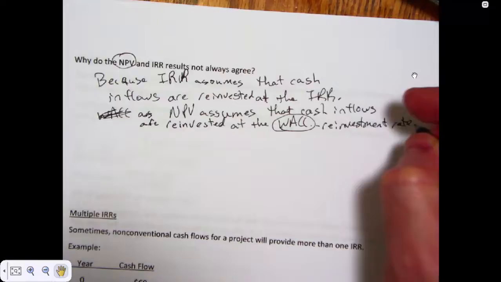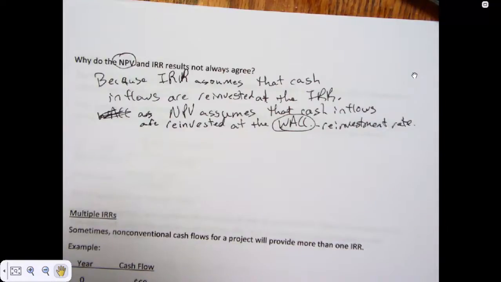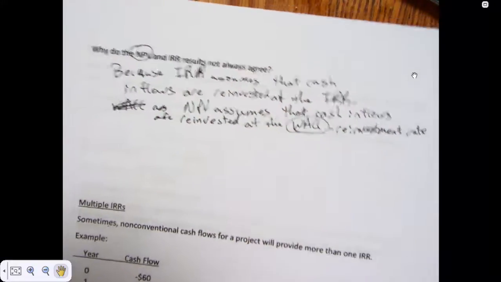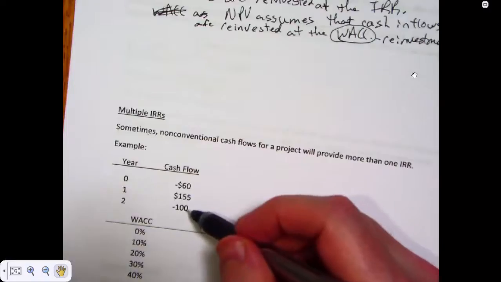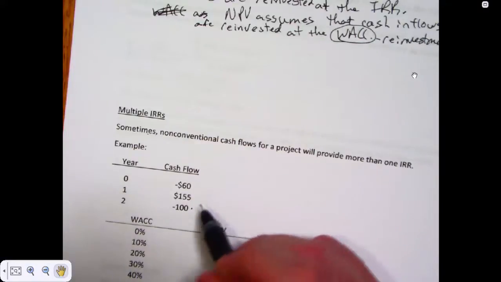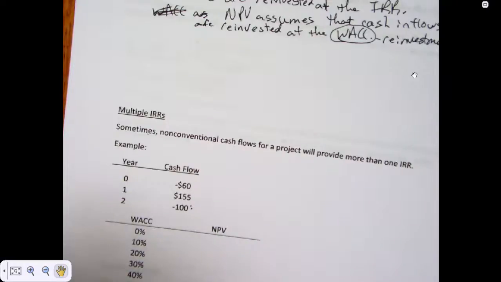So now I'm going to show you a problem with IRR, and that's multiple IRRs. Not something you're going to see very often, but you might see it if you have a cash flow that's negative later on. And by the way, this is not unheard of. Oftentimes when we end a project, we have to pay to get rid of the fixed asset, or let's say you start a gas station up.